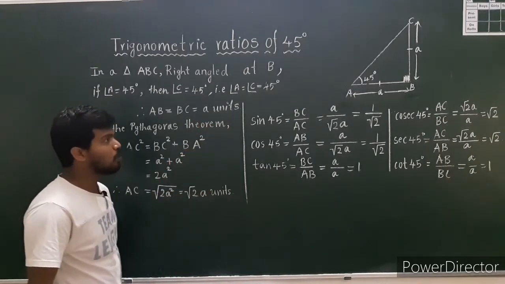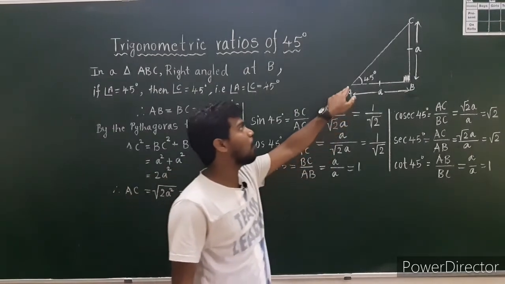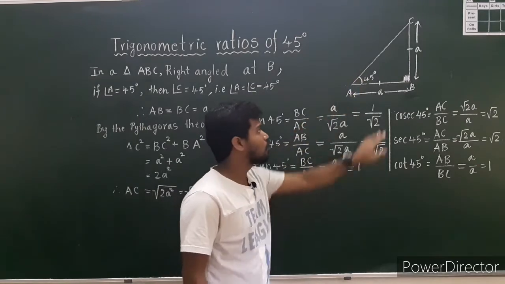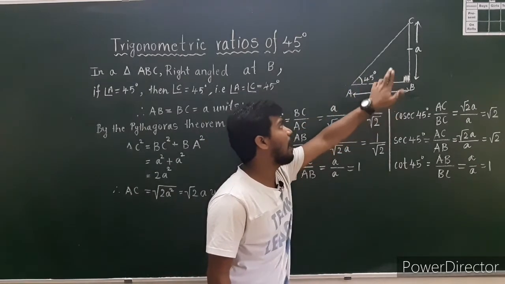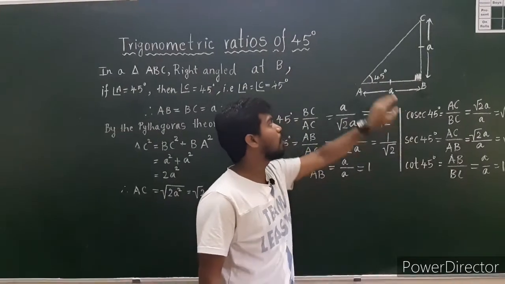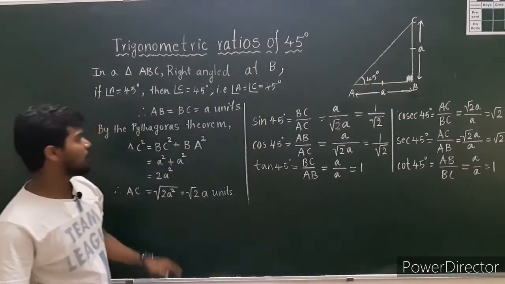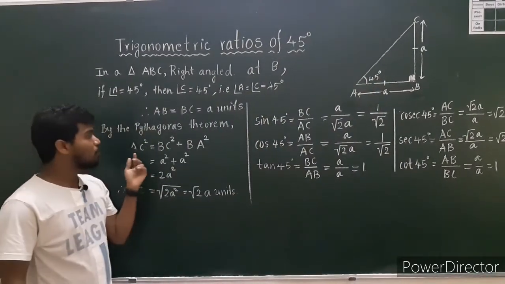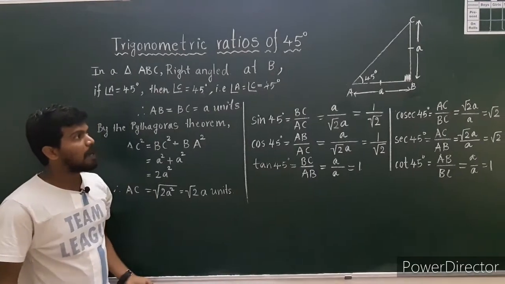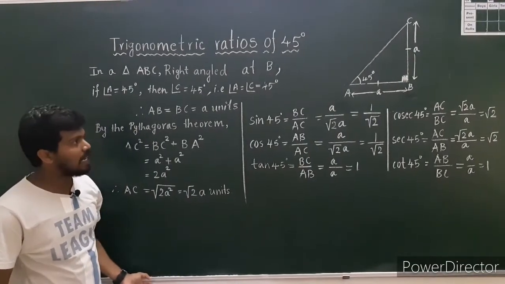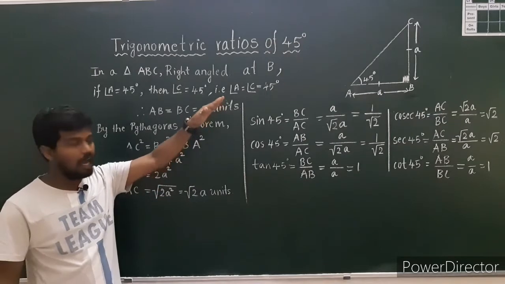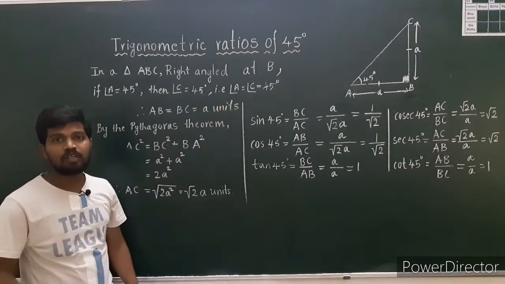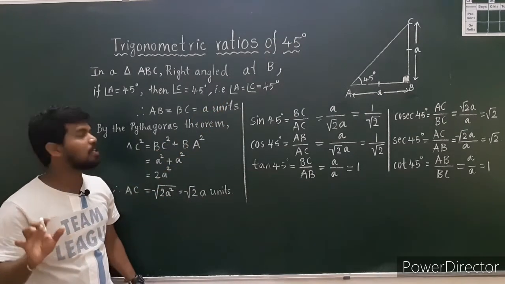By Pythagoras theorem, we have to find the side AC. Now you know that this side is a and BC is also a. Pythagoras theorem says that in a right triangle, the square of the hypotenuse is equal to the sum of the squares of the other two sides.